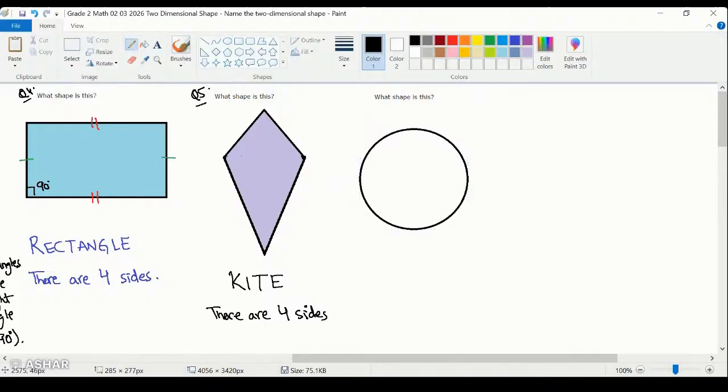What is the name of this shape? Yes, 4 sides. A kite also has 4 sides. What about question number 6?